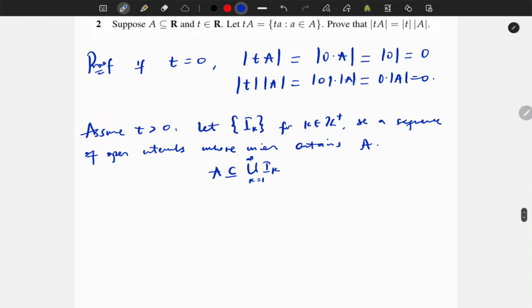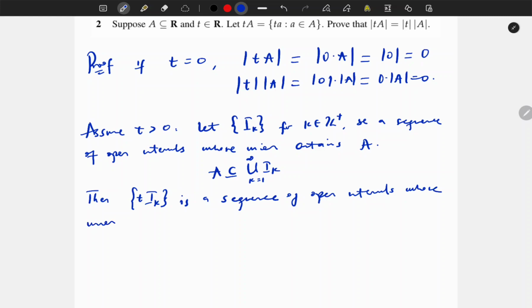So if that be the case, then tI_k is another sequence of open intervals whose union contains tA.